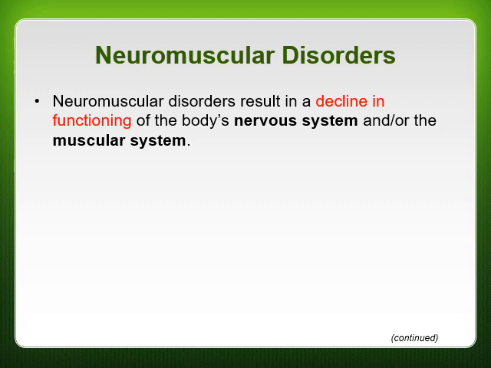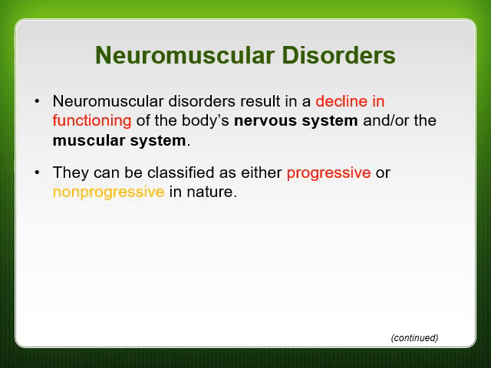But the neuromuscular disorders that are the subject of this chapter are a result of a decline in the functioning of your body's nervous system and/or the muscular system along with it. Now, these neuromuscular disorders happen for a number of reasons, and we're going to get into all that, but they can be classified as either progressive disorders or non-progressive disorders in nature.